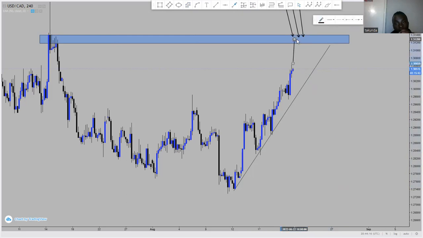So if it doesn't break here, it can actually push up again, up until it breaks this trend line. So you see now, it can actually play around like this up until either it breaks to the upside, which is this resistance, or it breaks this trend line.